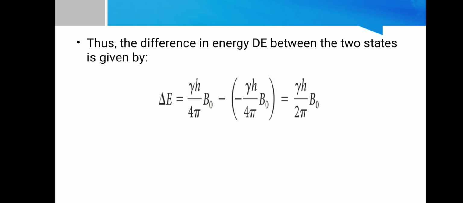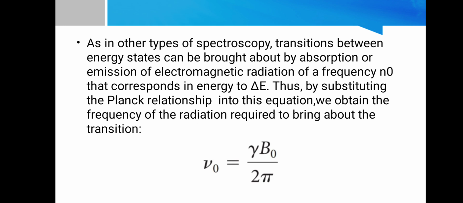Thus the difference in energy, delta E, between the two states is given by subtracting the formulas, so we will get the desired answer. As in other types of spectroscopy, transitions between the energy states can be brought about by absorption or emission of electromagnetic radiation of a frequency nu 0 that corresponds in energy to delta E. Thus, by substituting the Planck relationship into this equation, we obtain the frequency of the radiation required to bring about the transition.